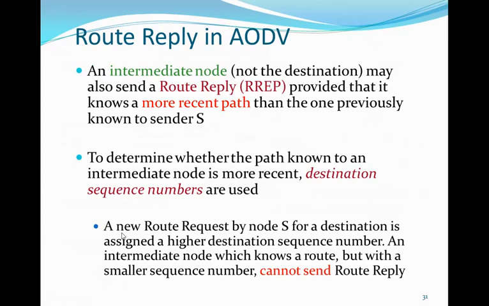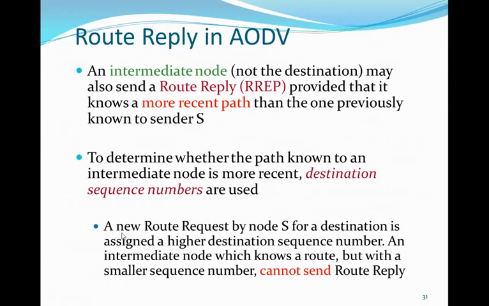For this purpose, a destination sequence number is used, and the higher the destination sequence number, it means that this packet or this frame is more recent. So we should update or accept those packets in which the destination sequence number is higher. To determine whether the path known to an intermediate node is more recent, or an outdated or older one, the destination sequence number is used.